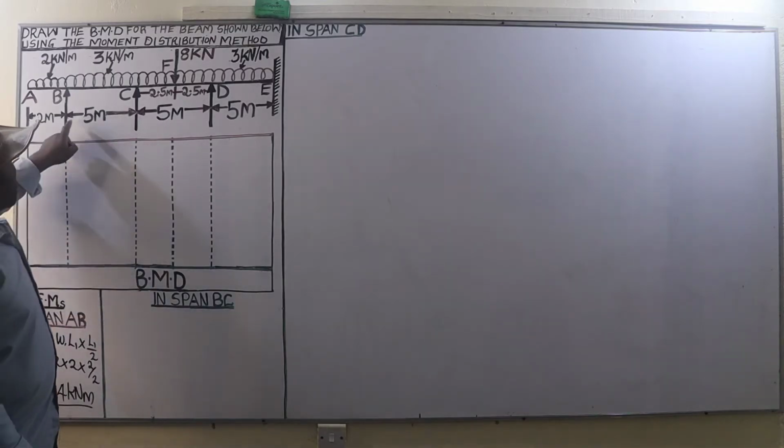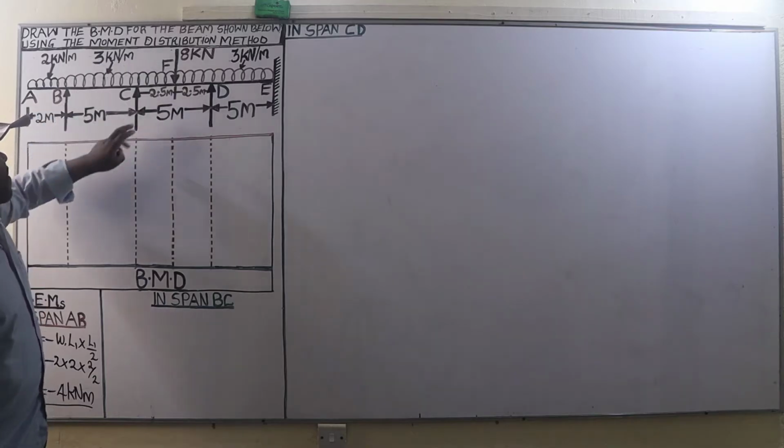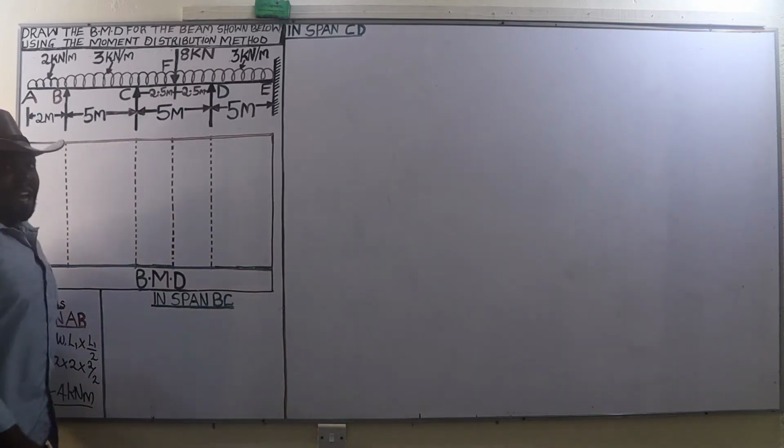We go to the span BC. The span BC is loaded with a UDL of 3 kilonewtons per meter, and its span is 5 meters.